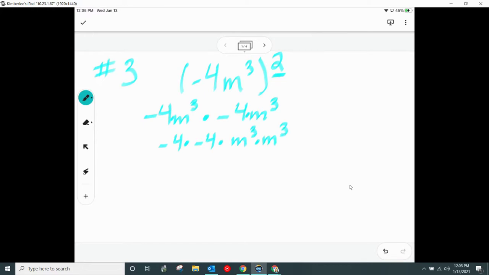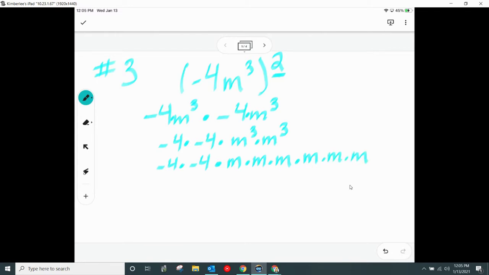Okay, so now I can expand this even more. Negative 4 times negative 4. And then m cubed just means to multiply m times itself 3 times. So that's m times m times m. Well, then I have another m cubed, so that's 3 more m's. Okay, perfect.